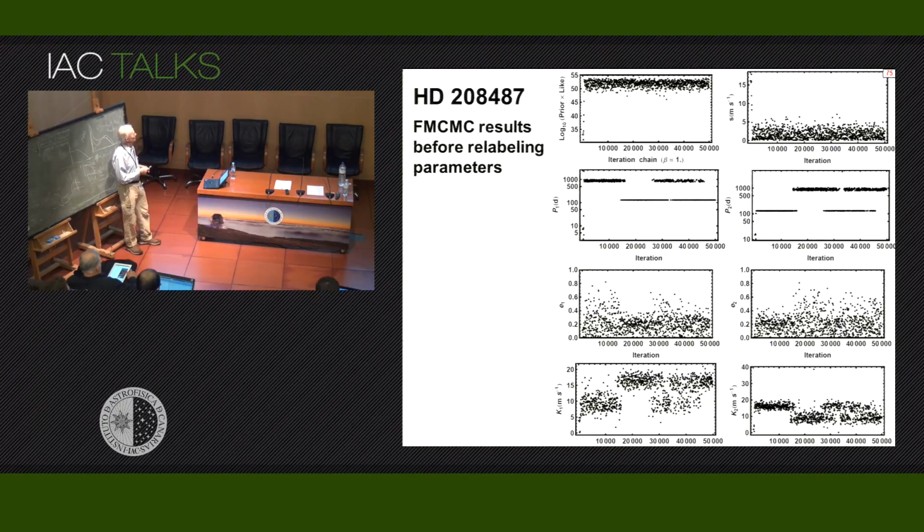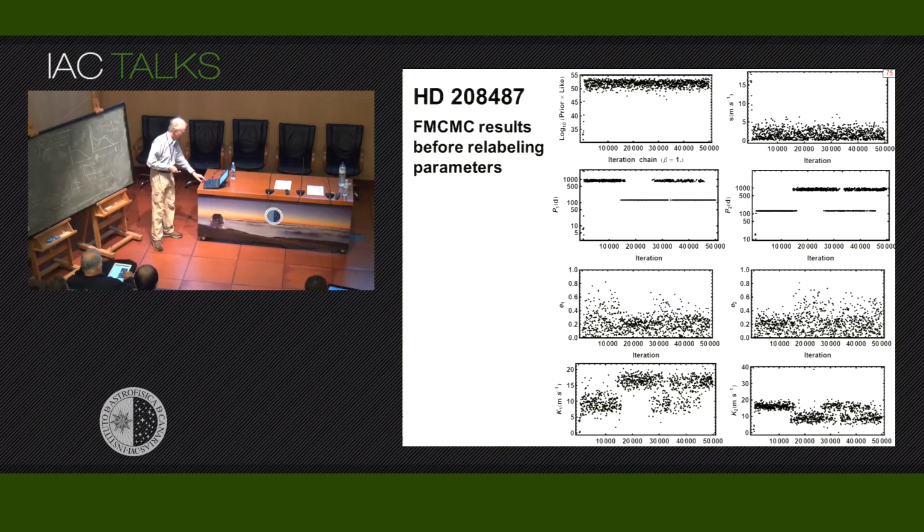Now, for the period parameters, here's P1 and P2, and you can see they're swapping. This has to do with the fact that they're both free to roam through the entire frequency space. Here are the eccentricity parameters, and this is the K parameter.